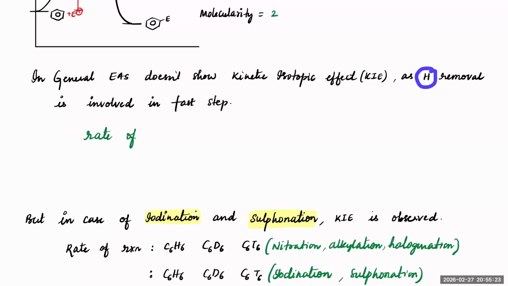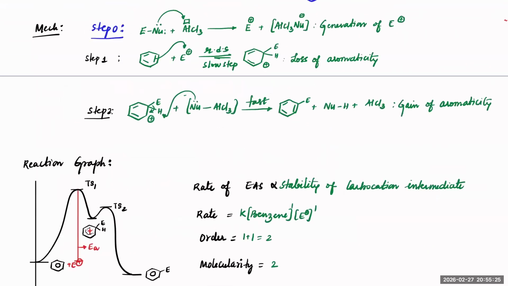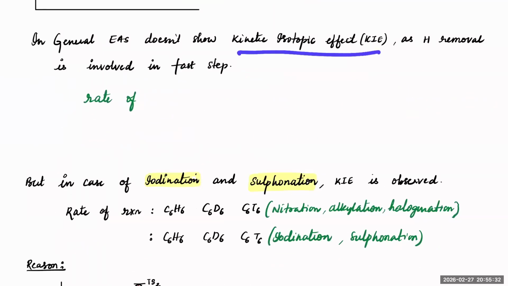But since hydrogen's removal is in the third step, or what we call the second step here, which is not a rate determining step, hence it does not usually show a kinetic isotopic effect. Therefore, the rate of benzene will be the same as that of benzene with all deuteriums, or benzene with all tritiums.